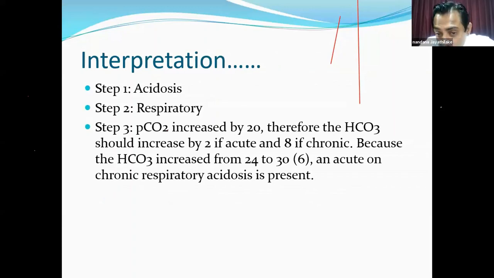PCO2 increased by 20. So therefore, the bicarbonate should increase by 2 if acute and 8 if chronic. We don't know if it's acute or chronic, but the history is important. History says the patient smokes.